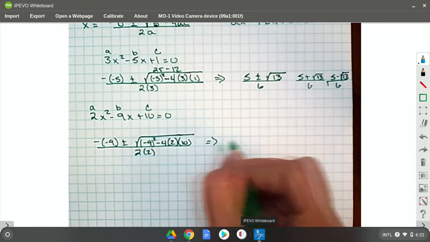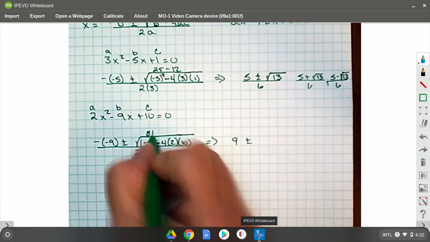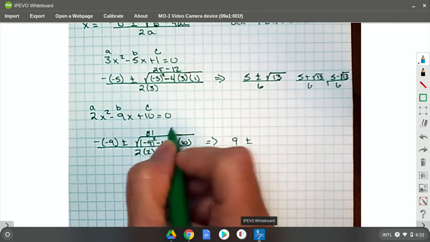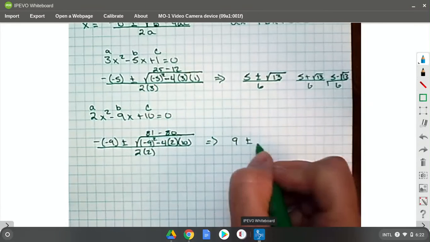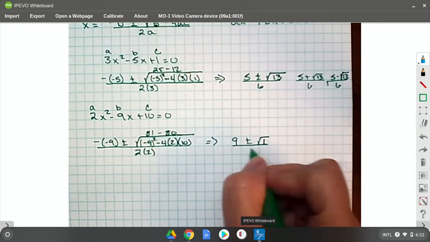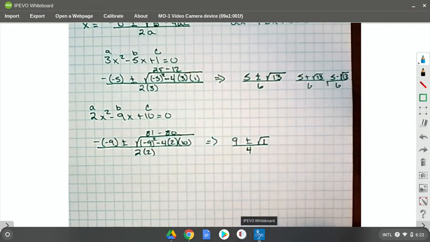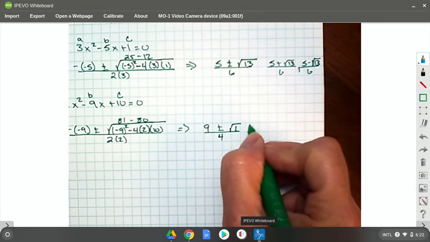Okay, 9 plus or minus, I have 81 minus 80. So that's going to give me the square root of 1 over 4. So this one I'm going to actually be able to get a real solution for.